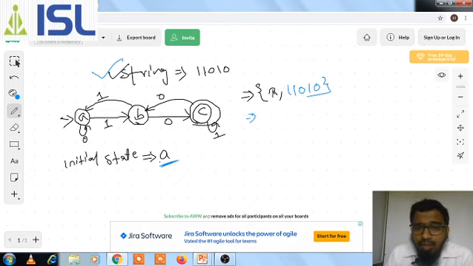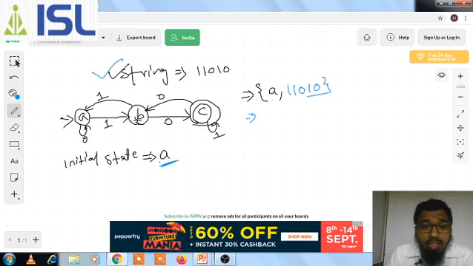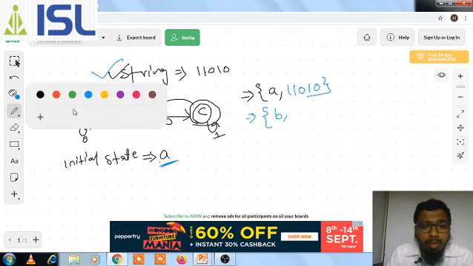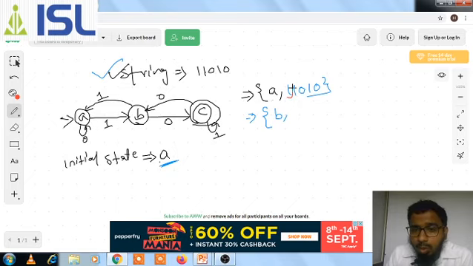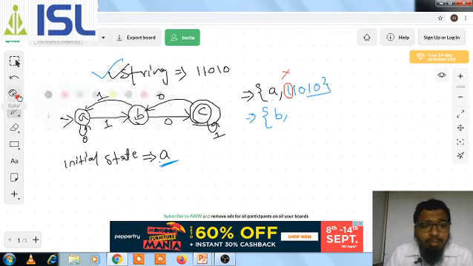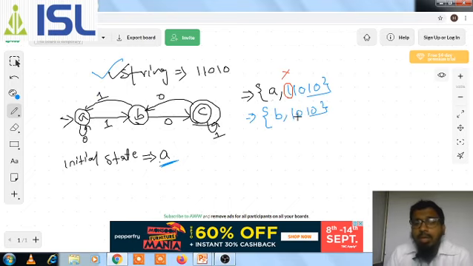If A is 1, where is it going? It is going to B. So you need to write B, comma, and remove this 1 because we reached here. So B, comma, 1 0 1 0.